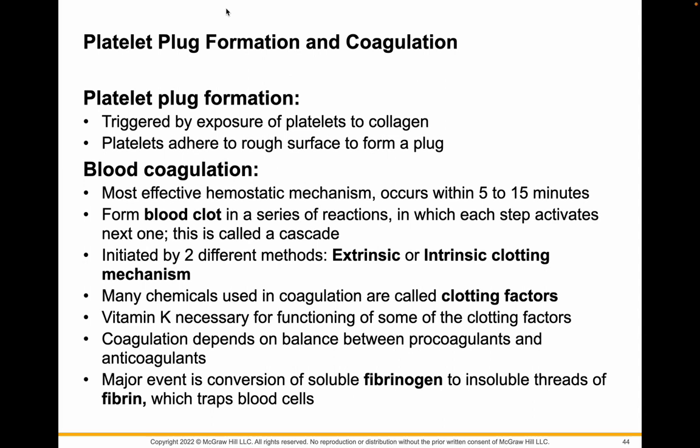Major event in conversion of the soluble, this is key. So major event, star this. We want to convert the soluble fibrinogen. So remember, in the matrix of any connective tissue, there's going to be the background stuff, in this case plasma, but also fibers.